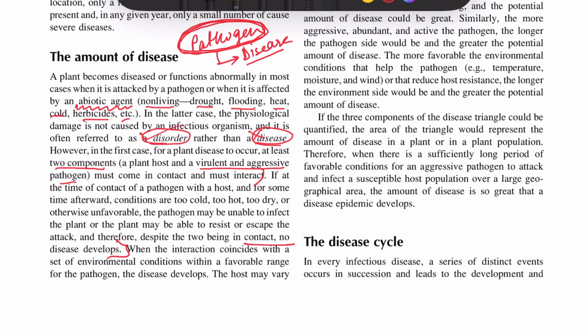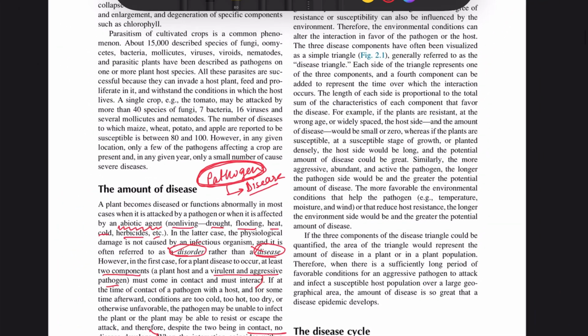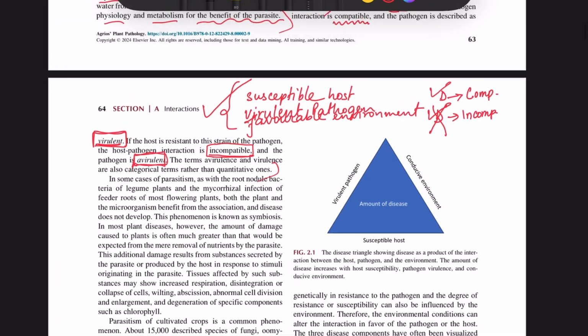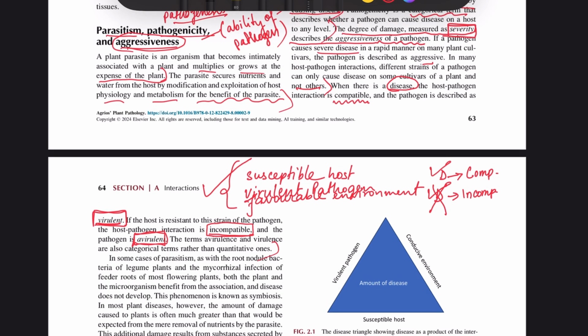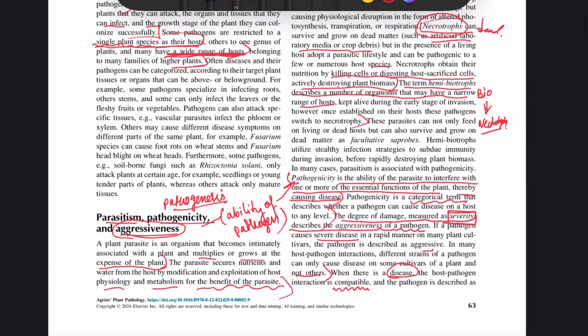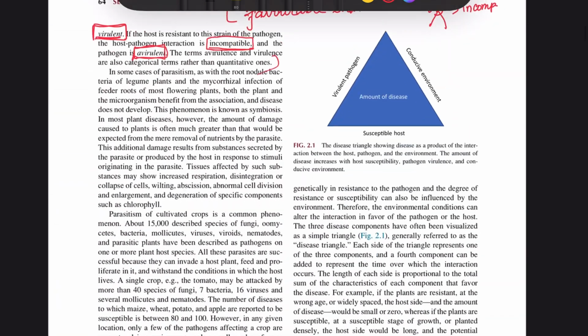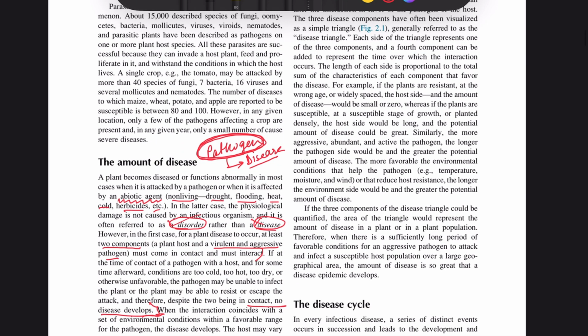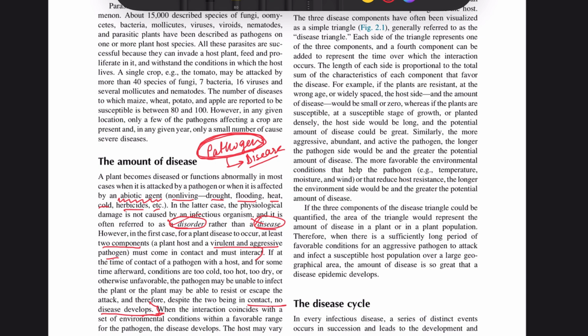Okay? Now, what they are saying is that from the last point, we are only talking about pathogen and host, right? When there is a susceptible host and virulent pathogen, disease will occur. But what will happen if the temperature is high or low?